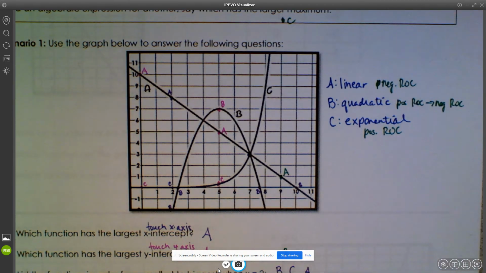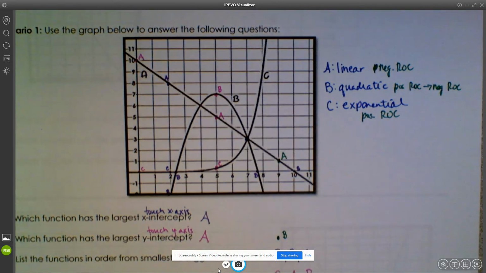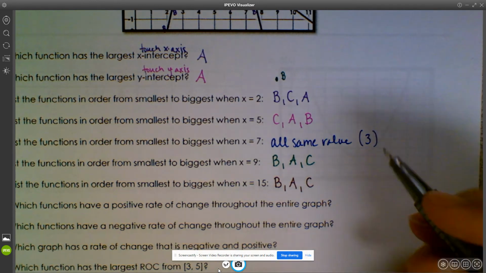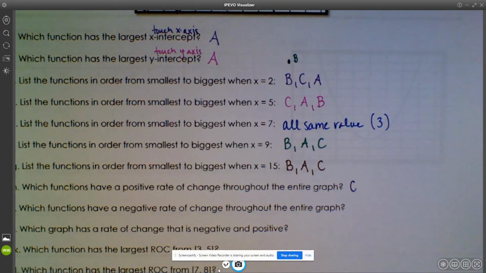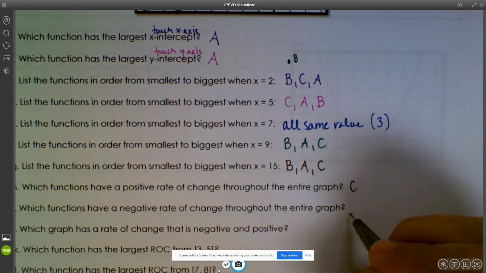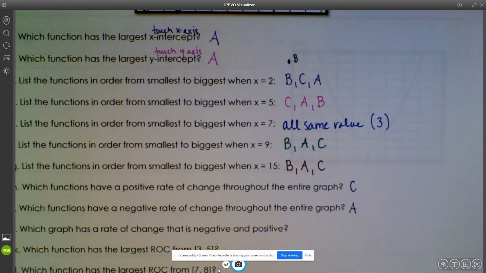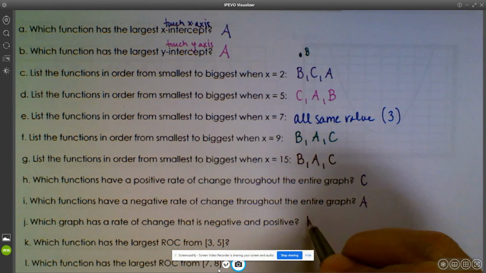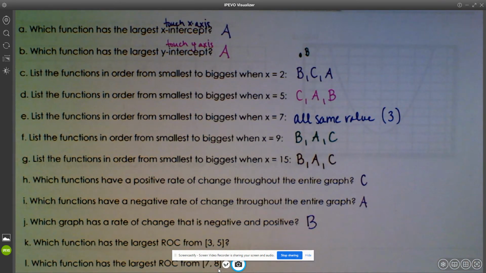So let me remember these for the answers down here. So we said that function C has a positive rate of change throughout. Function A has a negative rate of change throughout. And then function B has a rate of change that is negative and positive.